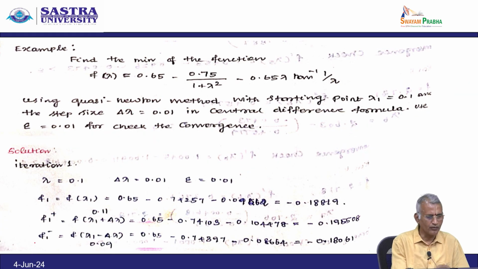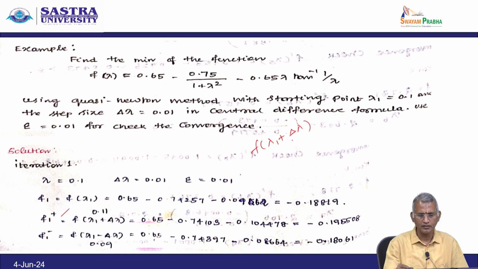And f plus, that is f1 plus, is nothing but f of lambda 1 plus delta lambda. So, lambda 1 is 0.1 plus delta lambda 0.01, which is equal to f of 0.11.